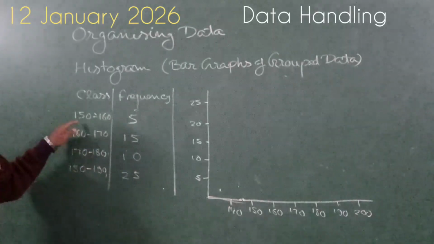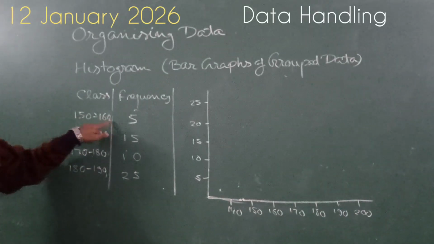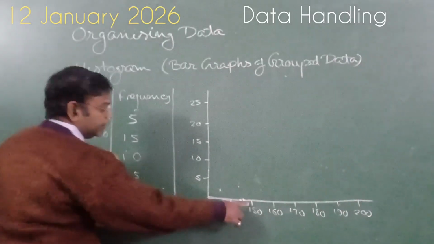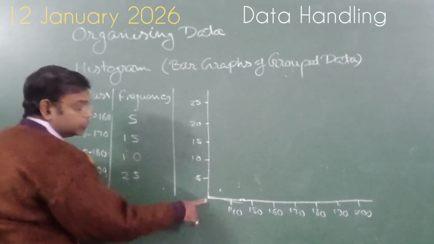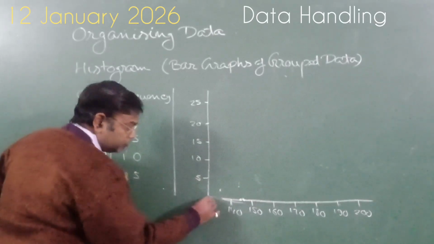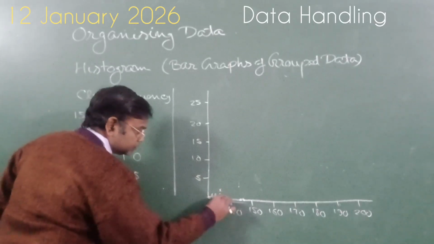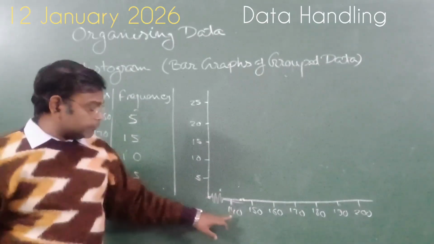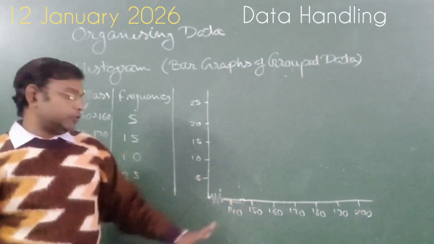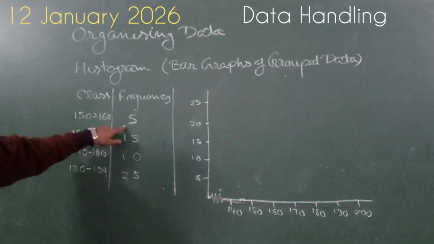Now check, we are going to start from 150 to 160, meaning from here. But this point is 0. So for continuation we use a break sign like this. Then we are able to start counting from 140 onward. So 150 to 160 is 5.